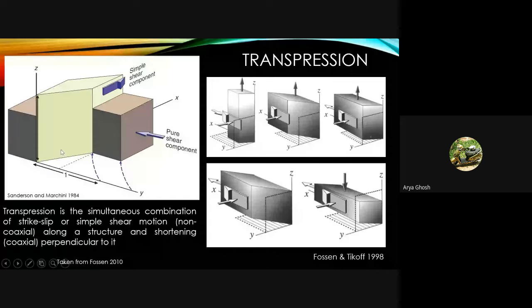This was Sanderson and Marchini's model, because if these two press together, there will be an extra volume which will try to move somewhere. So Sanderson and Marchini said it moves vertically, straight upward. But later on, Fossen and Tikoff worked out different directions of movement for this extra volume. So these are the different directions where the stretching is possible.